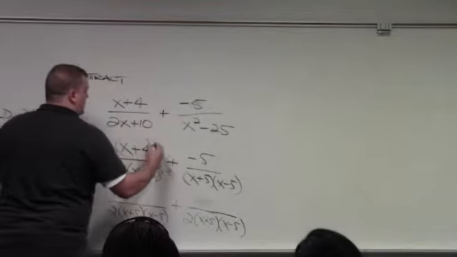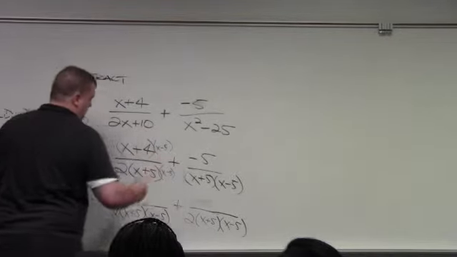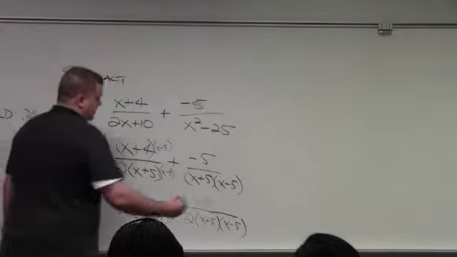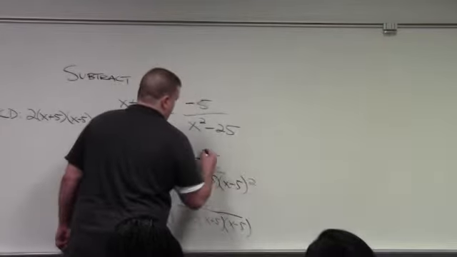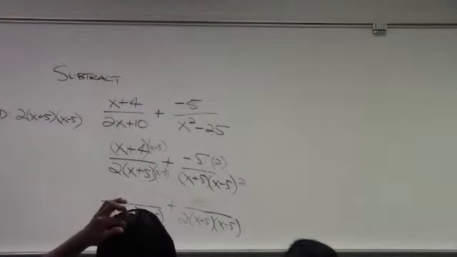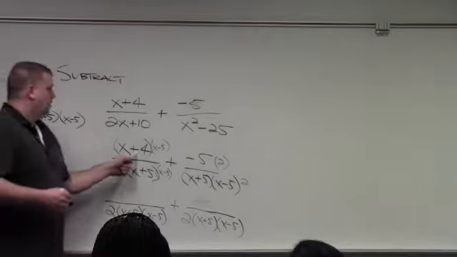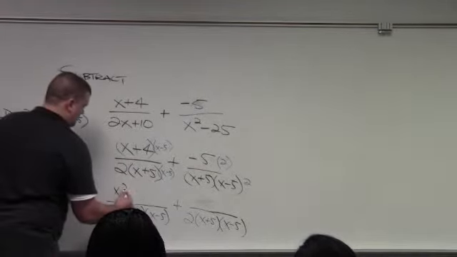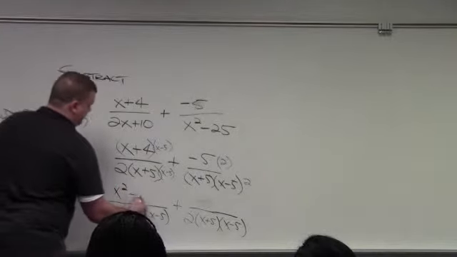Once again, this is a binomial, so let's multiply that. What is the second fraction missing? 2. So I'm going to multiply that by 2. All right, so let's FOIL this out. What do we end up with? x squared plus 9x plus 20.